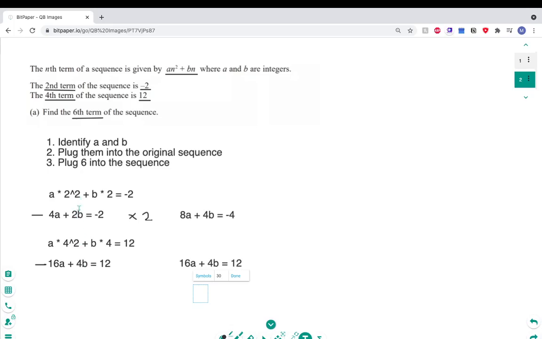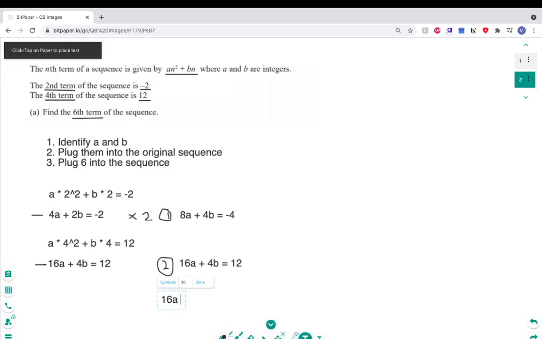So now that they're both 4b's, another thing that you could have done is you could have multiplied it by 4 so that these two are equal. So since we have both of these as equal, we can now subtract the two equations. And you have to be very careful when you're doing these because the signs can make things a bit confusing. So we're going to try to subtract 2 from 1.